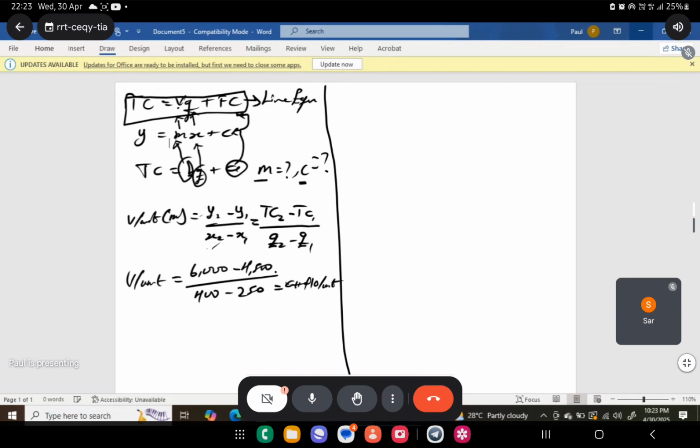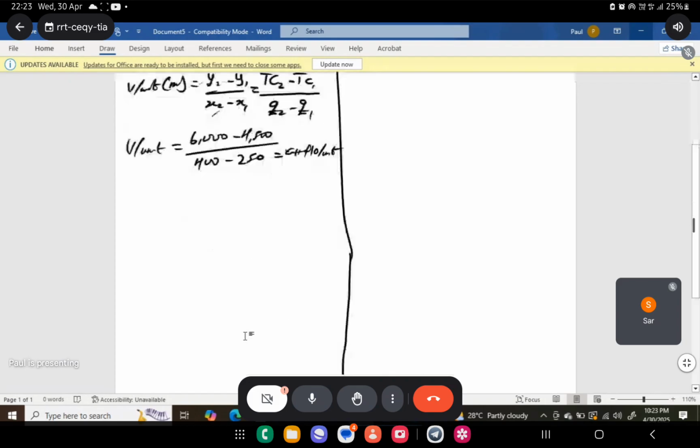And already the question has told you that there is an established relationship between the total cost and the quantity. So now that we know our M, we can use one activity level where quantity is equal to 250 and the total cost is 4,500 cedis. Using this activity level, total cost is equal to variable cost per unit times quantity plus the fixed cost.